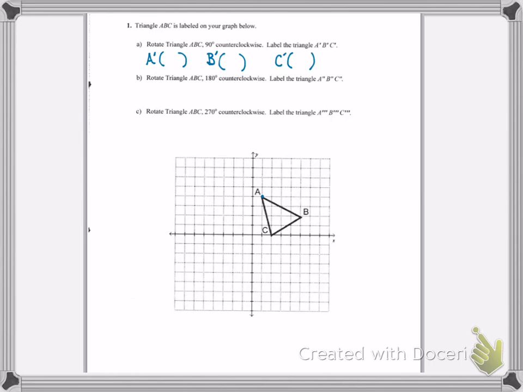Counterclockwise 90 degrees means we're going to end up in the second quadrant over here. So the image of A after a rotation of 90 degrees counterclockwise would end up at the ordered pair -4, 1.